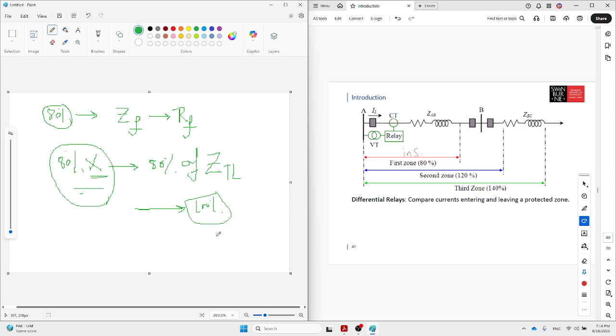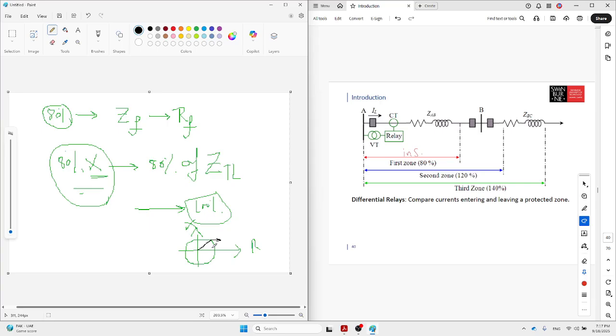In another way, I can explain using the plane of R and X. This is R, this is X, and this relay is something that looks like a circle. So they usually set the total transmission line, let me change the color. The total transmission line is from here to here, okay? This is the total transmission line we cover. So if there is an extra RF, it comes to here, so it is not covered inside the zone.